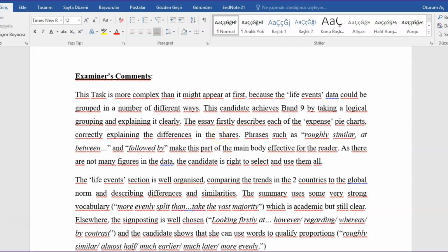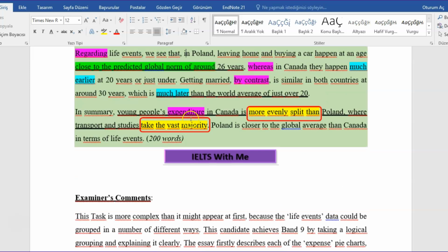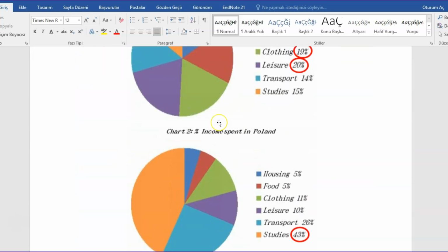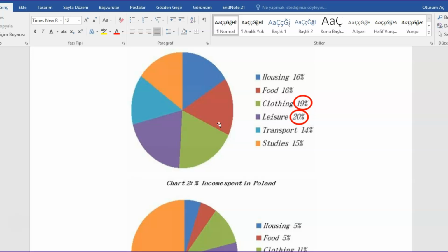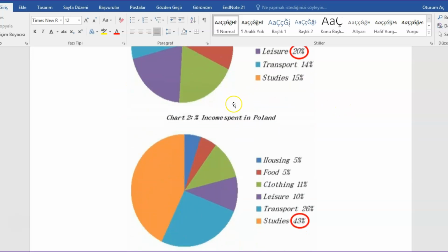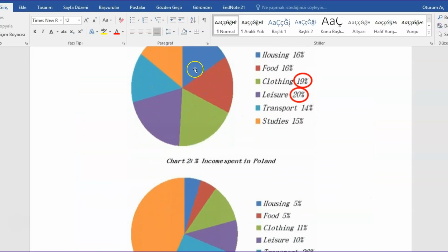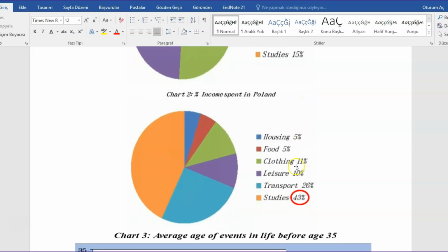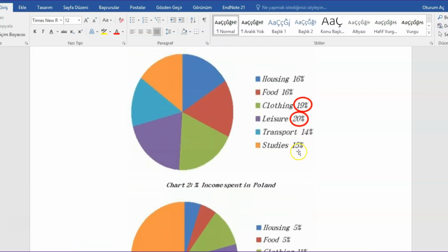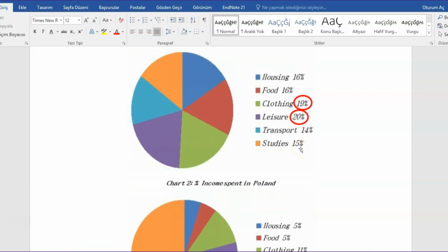Regarding examiner comments, as we see here, these kinds of writing task 1 questions are pretty complex. Why? Because we have 3 charts here, and we have so much data to write about and explain.